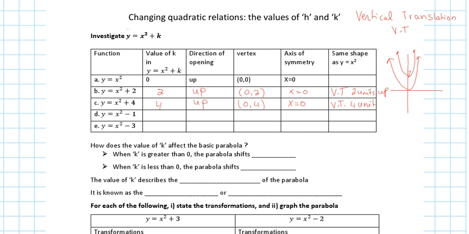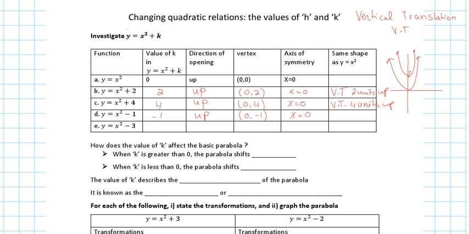For y equals x squared minus 1, the k value is minus 1. Direction of opening, up. Vertex, axis of symmetry, and vertical translation, 1 unit down.